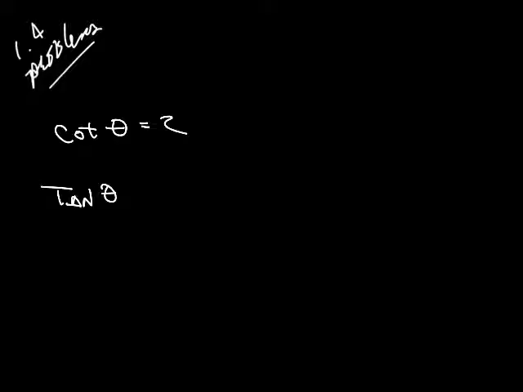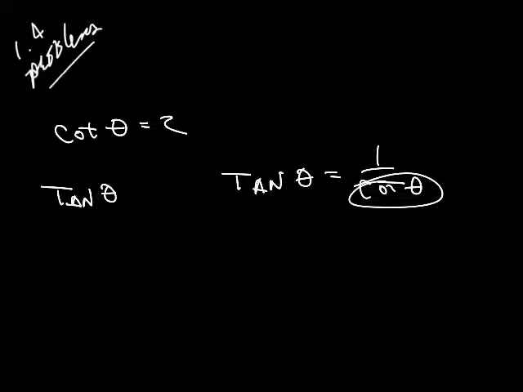Well, I know that the tangent of theta is 1 over the cotangent of theta, right? That's back on page 27. So they told me that cotangent is 2, so tangent of theta is 1 over 2, so it's just 1/2. Okay, so not really too much there.